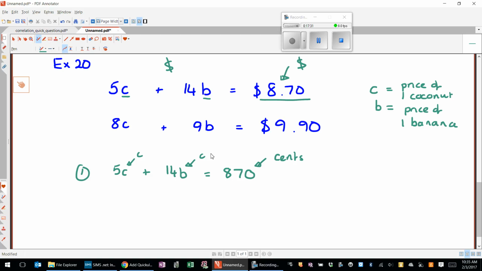So if you have a value at the end in dollars, your cost of a banana or a coconut will also be given in dollars. Whereas if we change it to cents, which is fine because it gets rid of decimals, C and B, when we find it, will also therefore be in cents. Okay? So I'll do 8C plus 9B equals 990. That's my second. Okay.